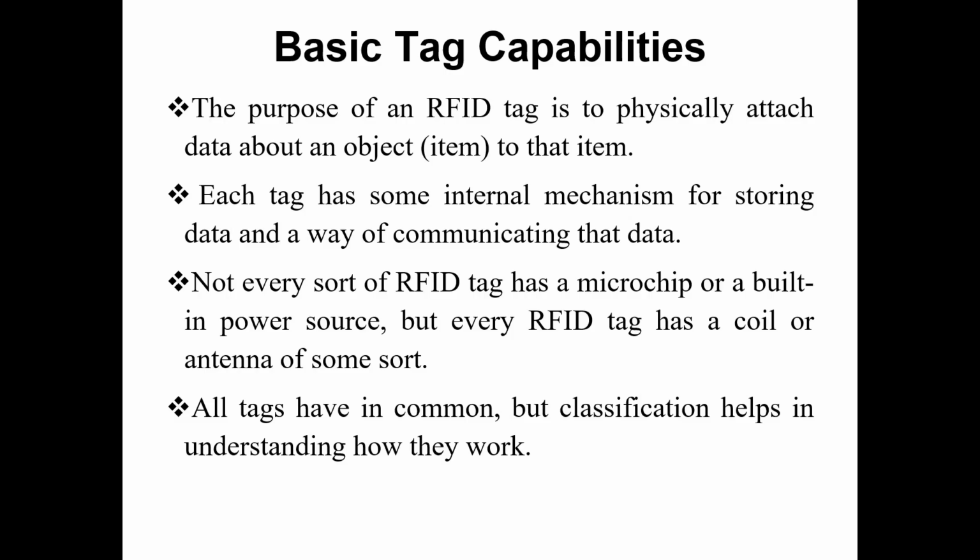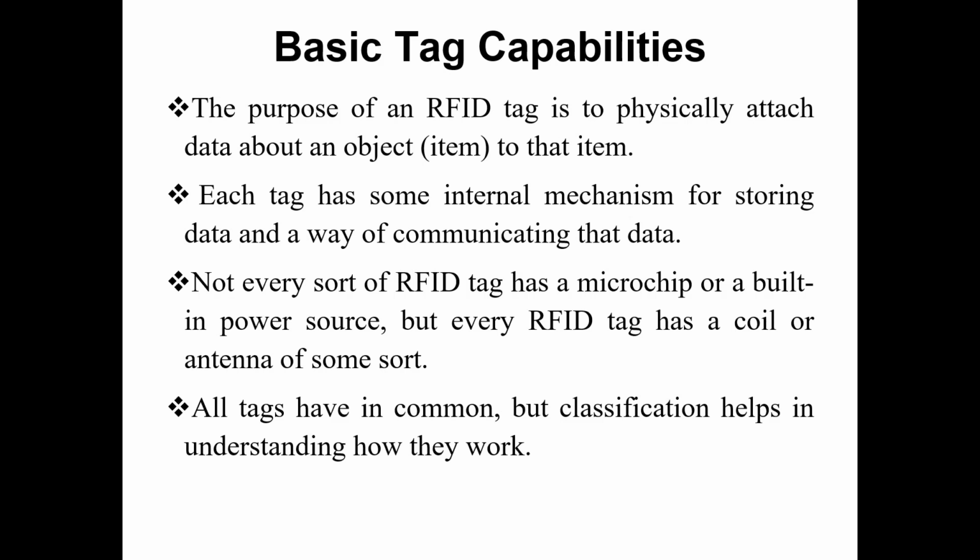There are three levels of frequencies. Low frequency reaches just a few centimeters, high frequency up to 1 meter, and ultra high frequency several meters. Active tags reach up to 100 meters or more.